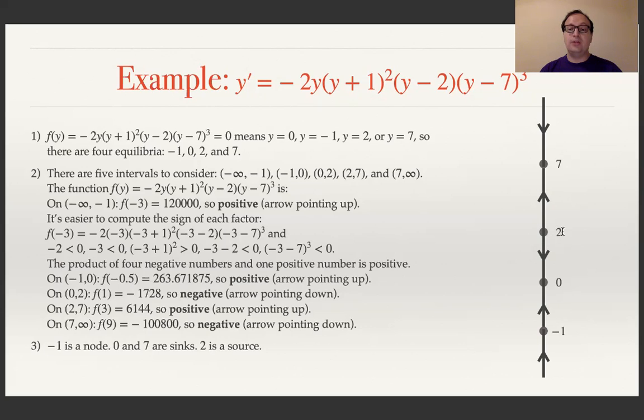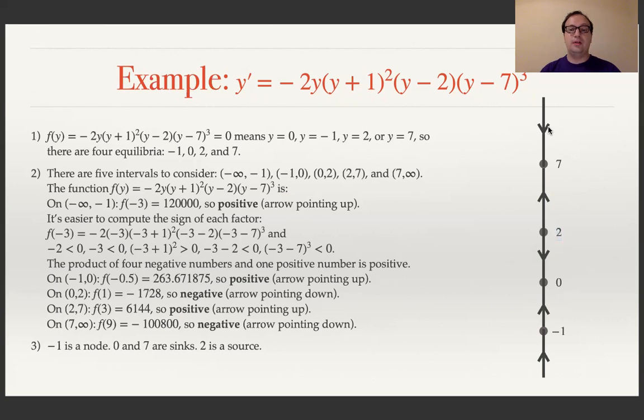Next equilibrium is 2. So both arrows near 2 are pointing away from 2. One is pointing towards 0, and the other one is pointing towards 7. So this means that 2 is an unstable equilibrium or a source.